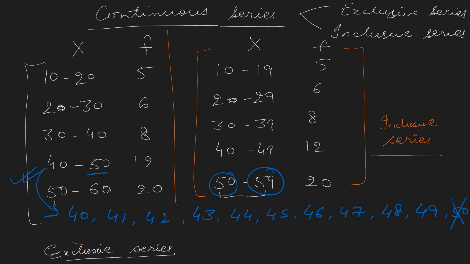Why? Because this 50 is excluded from this class interval, therefore it is known as exclusive series, and this 50 will be included in the next class interval. So this is the difference between exclusive series and inclusive series.